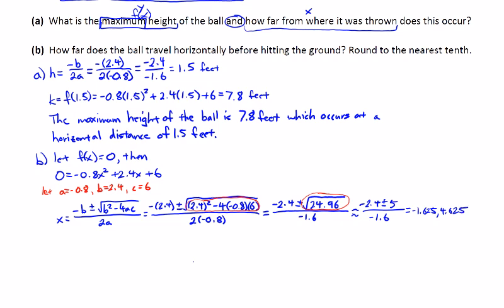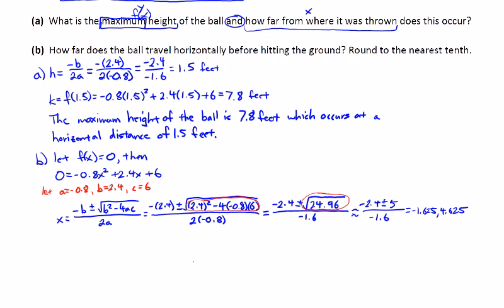Now, when we're talking about throwing a ball upward and outward, we're talking about it moving in front of us in a positive direction. Behind us would be a negative direction. And the narrative tells us it didn't go behind us, it went upward and outward.